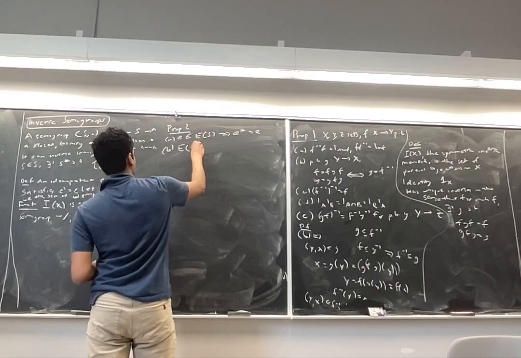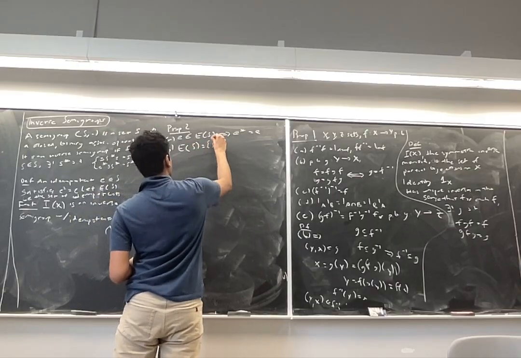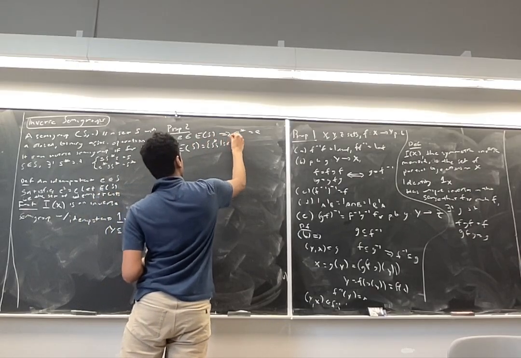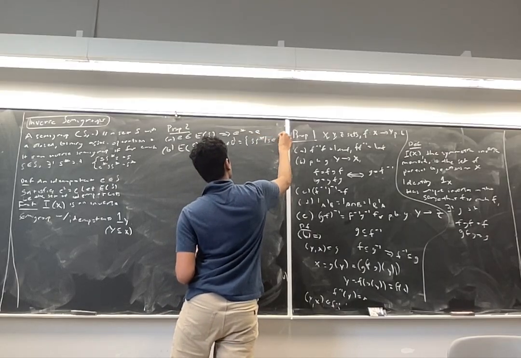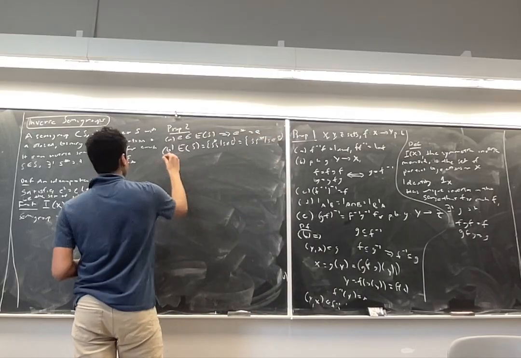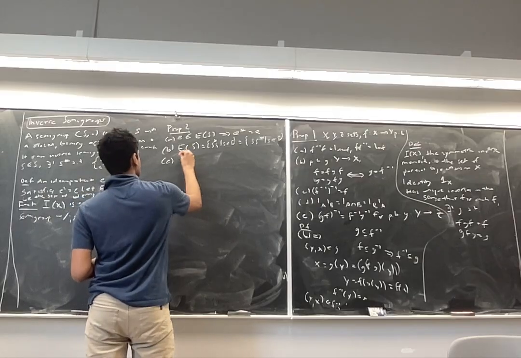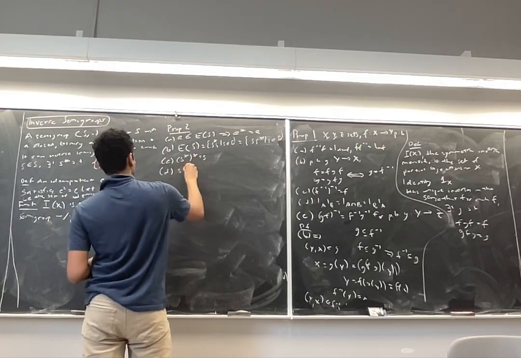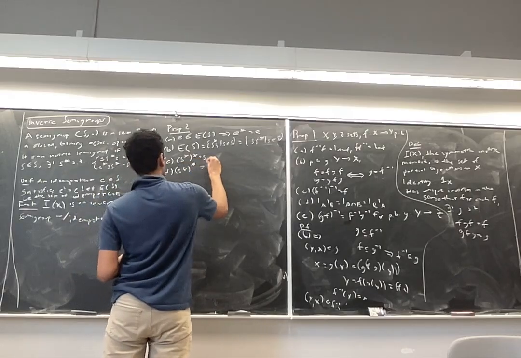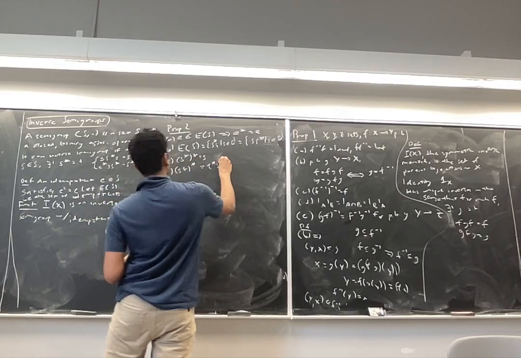E of S, the set of idempotents, is given by the set of s star s, or the set of s s star. Okay, s star star is equal to s. And then finally, (st) inverse is equal to t inverse s inverse.